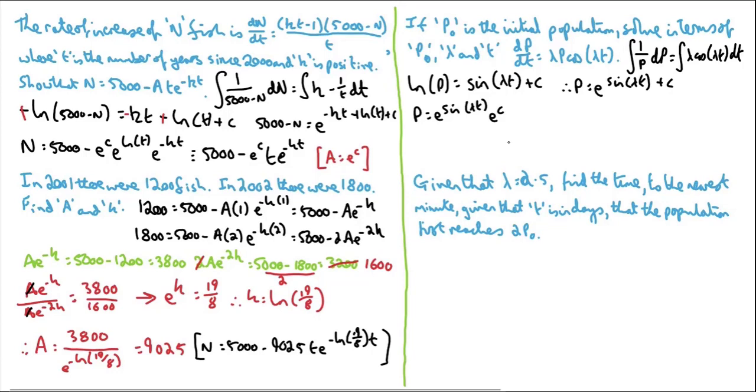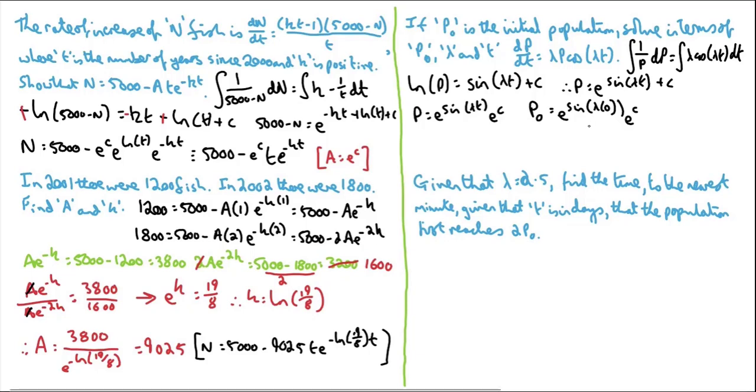Well, if it's the initial population, that means that is when time is 0. So if we were to try to make this an equation for the initial population, so now make it p0 on the left, you have e to the sin of lambda 0, then e to the c. It doesn't matter, therefore, what your lambda is, because lambda times 0 is 0, sin 0 is 0.